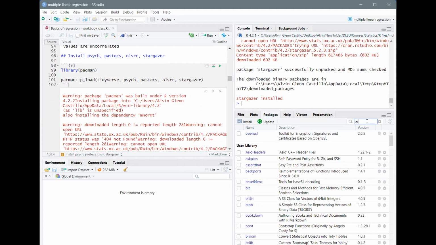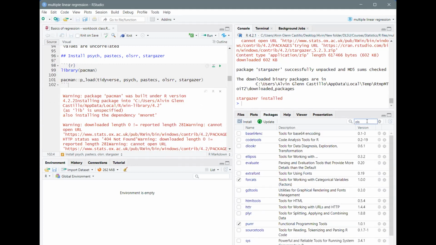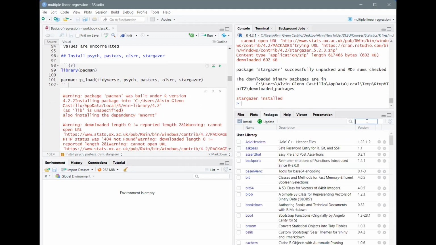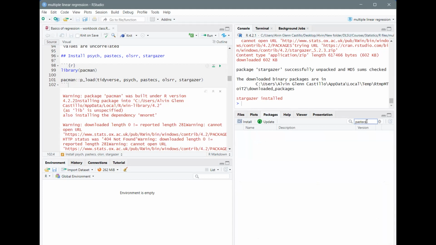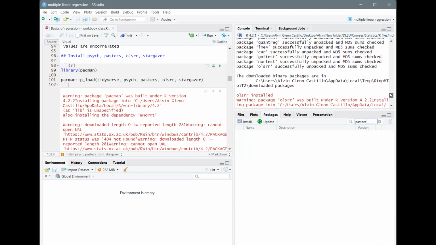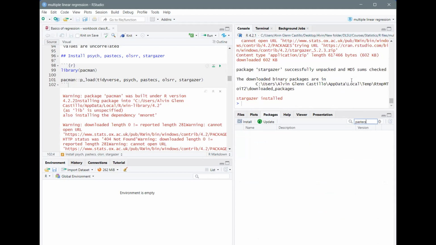Ayan na. Sige, check na natin. Sige, type mo ulit. OLSRR. Bakit wala po siya? Bakit wala OLSRR? Psych. And then PasteText. Bakit hindi nag-a-appear? Kaya nga po eh. Dapat na-load na siya eh. Ayun, Stargazer installed. Close ko na lang po then open ko po uli. Mag-work po siya ganun.